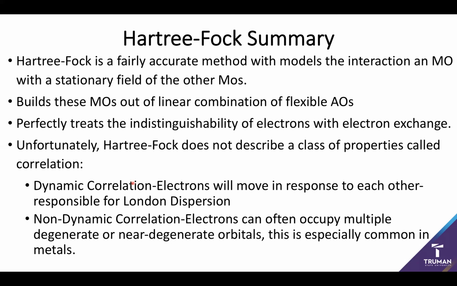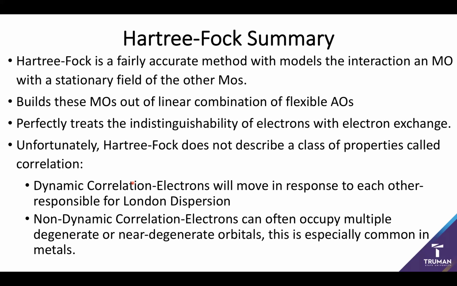Furthermore, it also does fairly poorly on what's called non-dynamic correlation. So non-dynamic correlation focuses on the fact that I built up all of this, I optimized my orbitals by assuming that I have a single set of molecular orbitals that perfectly describes my system. However, I have to worry about the fact that in truth, my system may be composed of a linear combination of molecular orbitals. All of my molecular orbitals may not be perfectly occupied. They may be partially occupied.